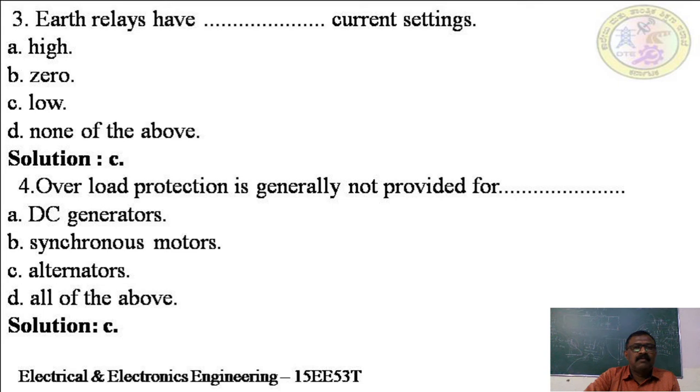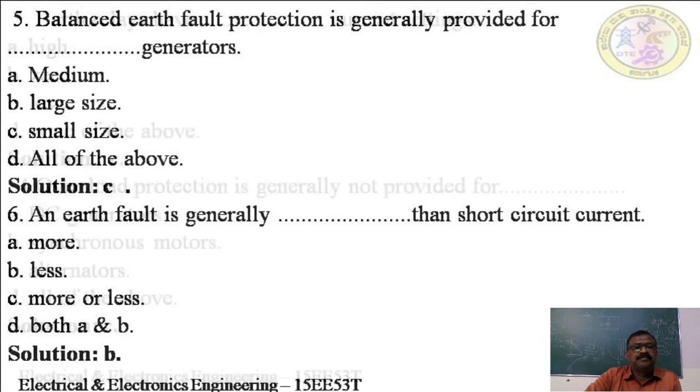Earth relays always have low current settings, so hence the solution for this is C. Fourth question, overload protection is generally not provided for: A DC generators, B synchronous motors, C alternators, and D none of the above. Overload protection is generally not provided for alternators. So therefore the solution for this is C.